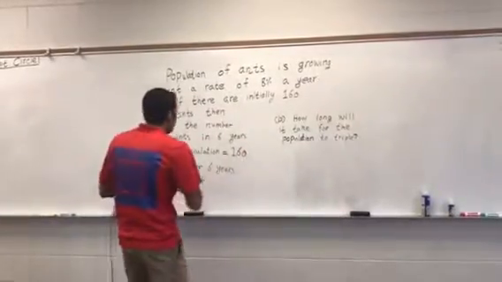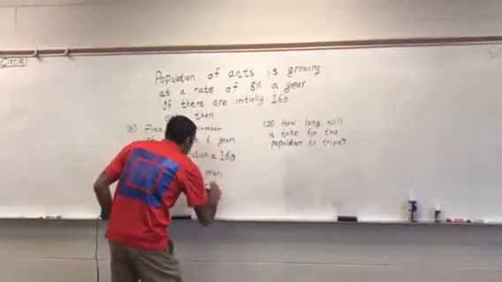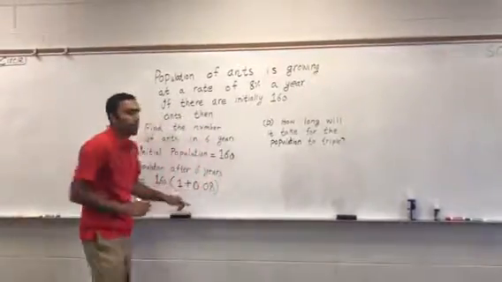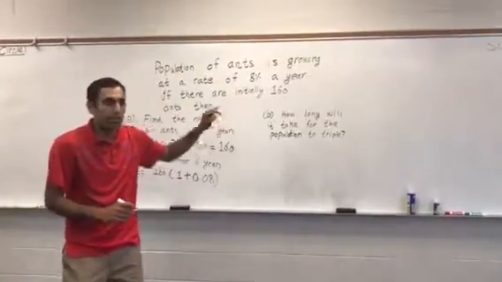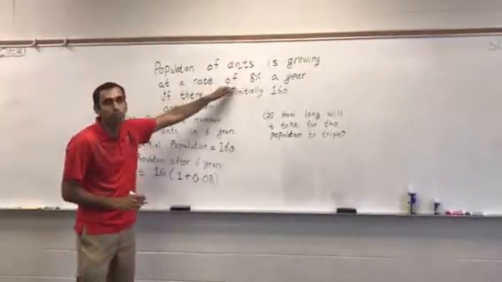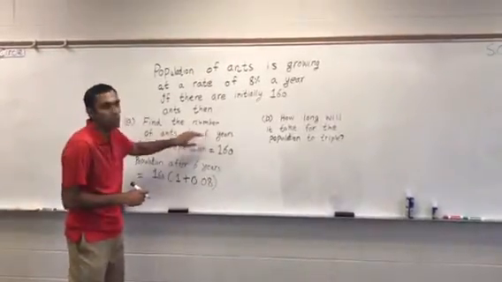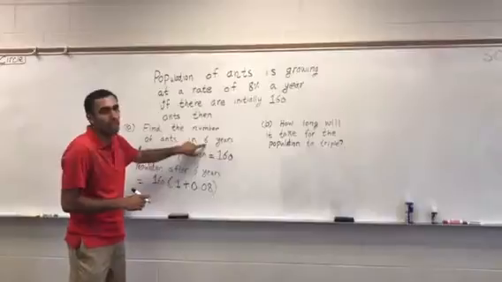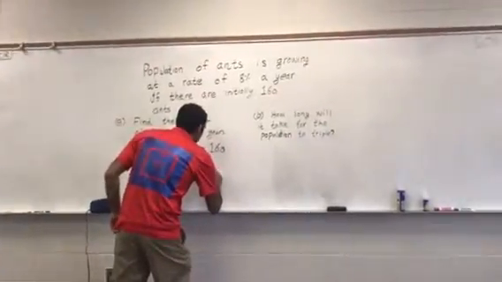Good. You make it 0.08. So you just move back 2 places, right? So 0.08 corresponds to 8%. So we want to figure out population after 6 years, so it's to the power of some time t.